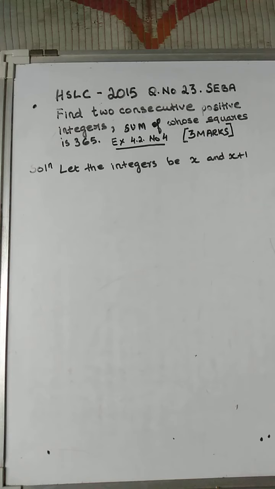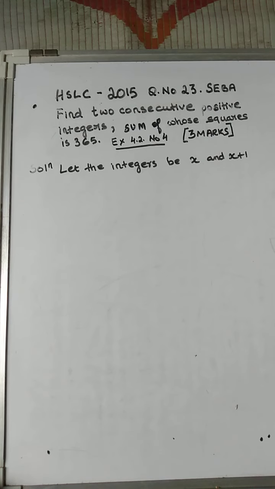Why? Because x is smaller than x plus 1, because you add 1 more. The difference between two integers is 1 when they are consecutive.